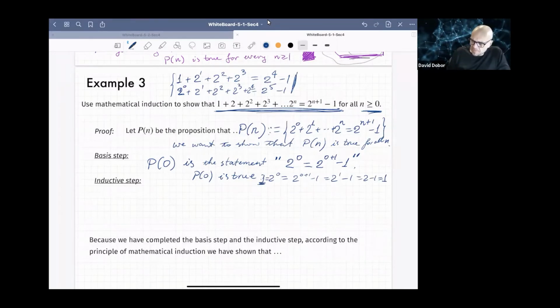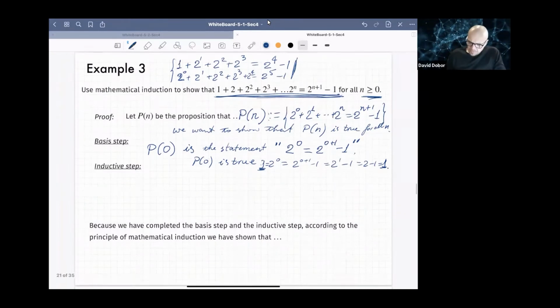So because 1 equals 1, this is a very lengthy way, everybody saw this immediately, but I'm writing it down to be very explicit. Everybody's on the same page with this, right? We've just verified that one of those infinite statements, P of 0, is true. Now we have an inductive step.